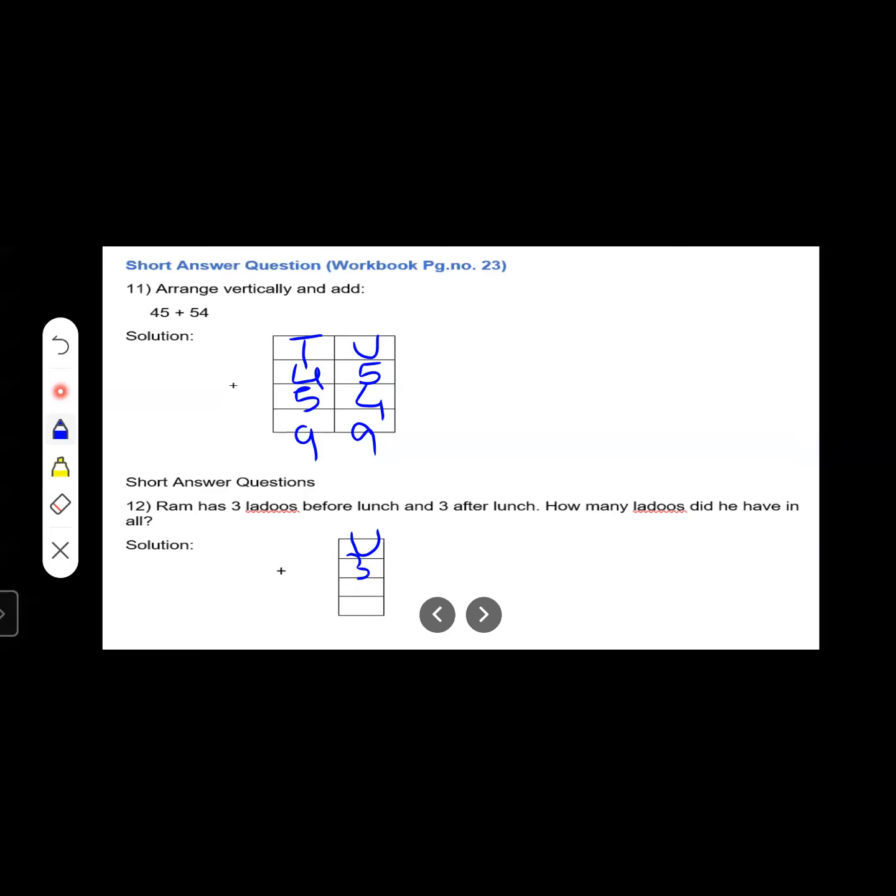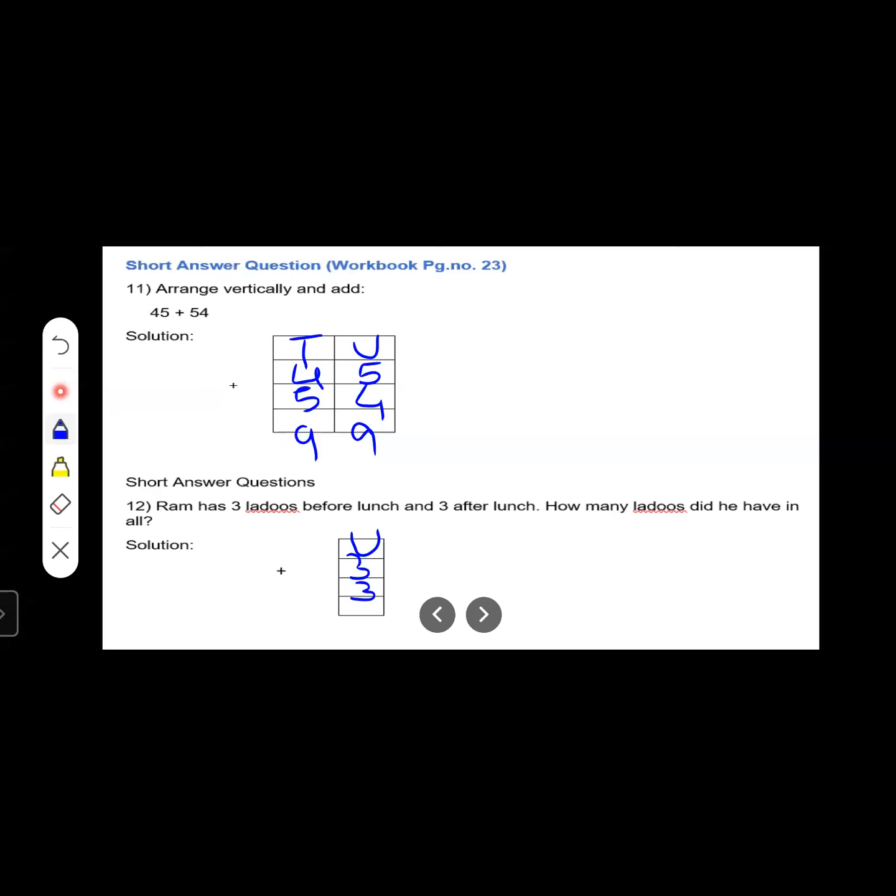3 laddus before lunch, 3 laddus after lunch. Now what do we have to do? Addition. 3 plus 3. Take out 3 in your hand. Everyone will use their fingers.